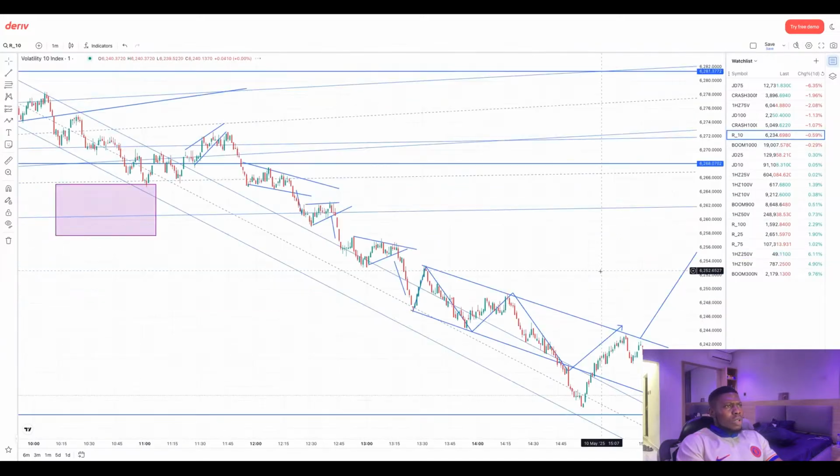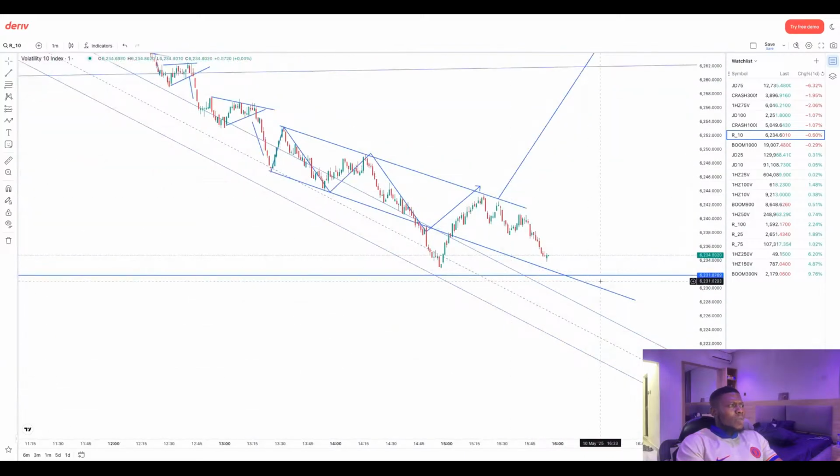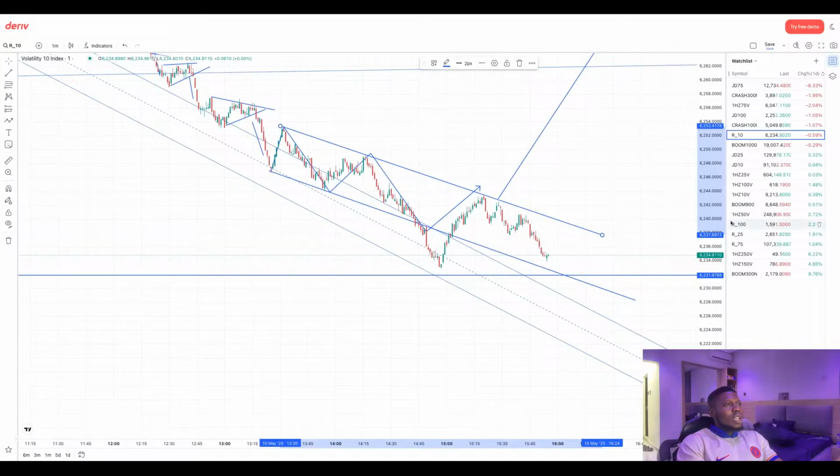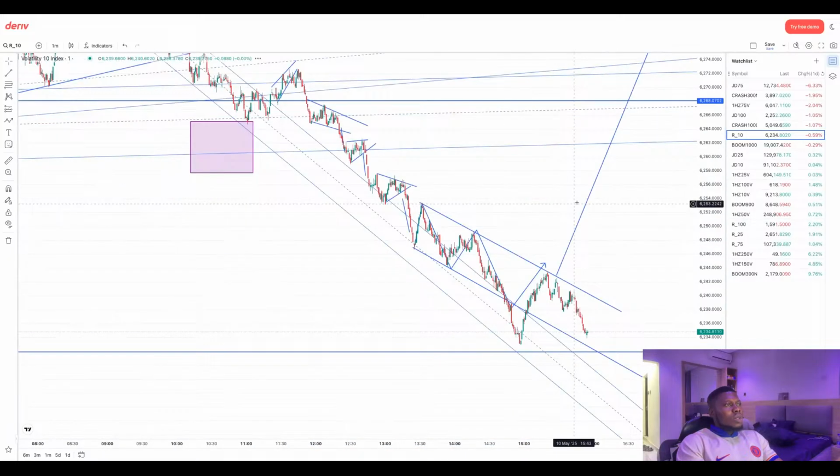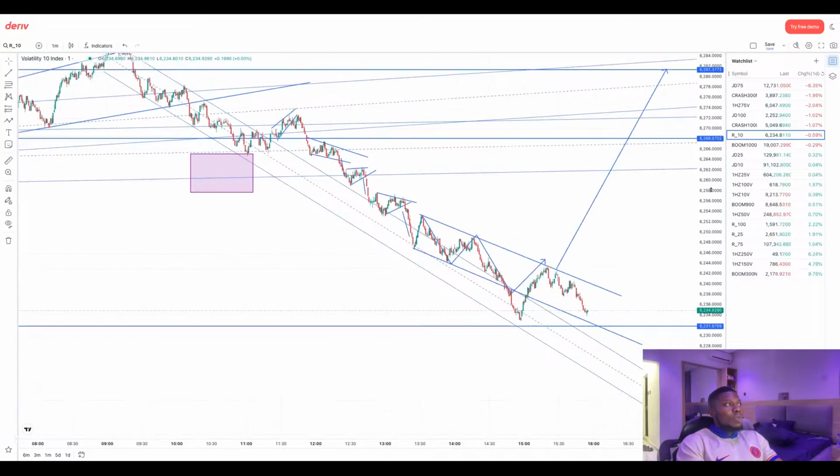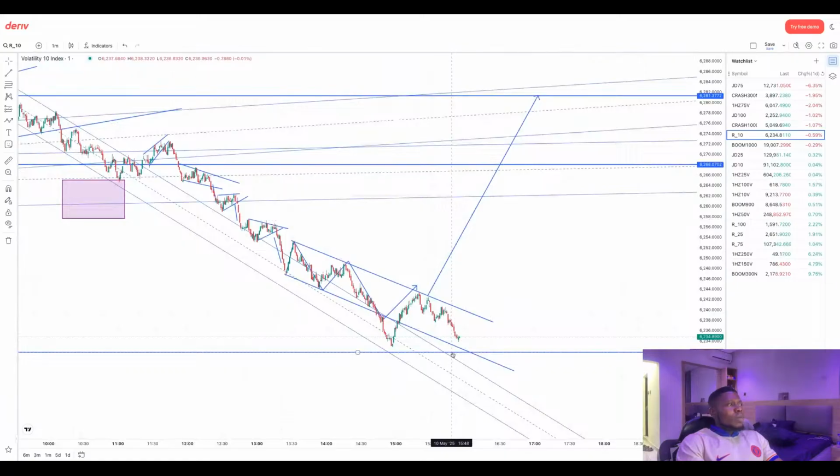So I would be expecting a reversal on this down to this place. So this might not play out at this moment, but my volatility 10 can take you long. It can touch this zone, take you long down to this place. It will take a couple of time to play out.